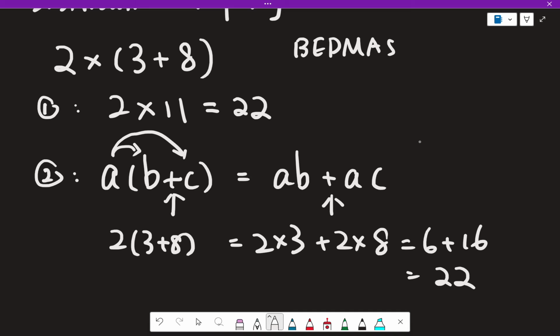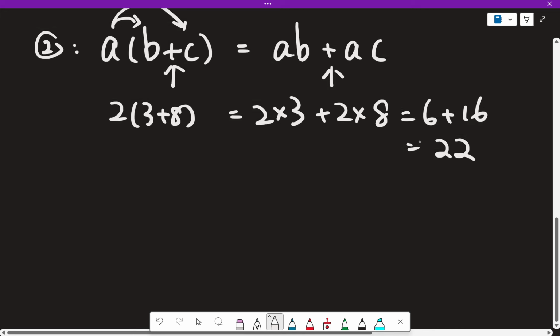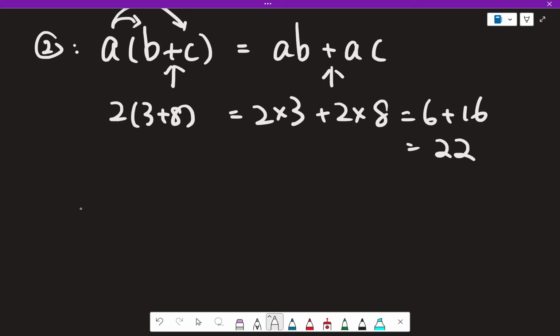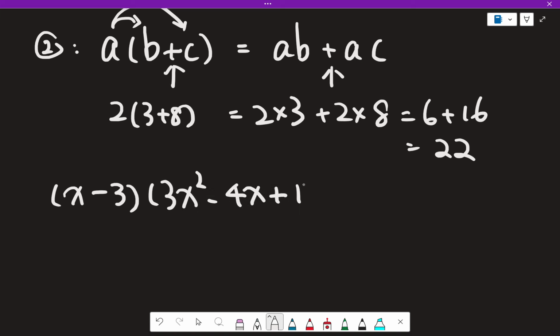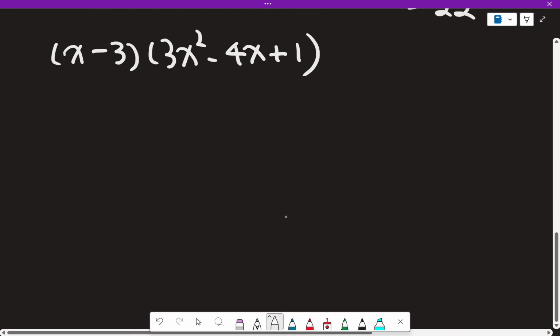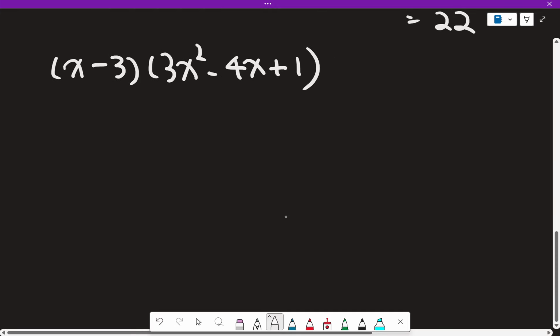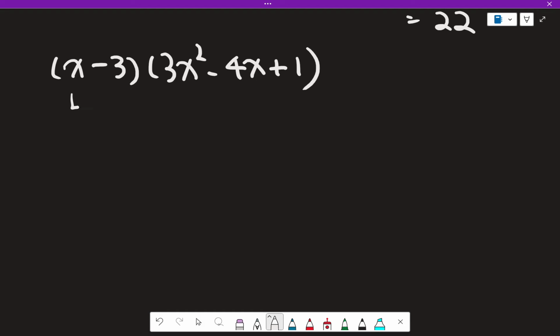So how can we utilize this property to multiply polynomials? So let's take a look at an example. So let's say we have x minus 3 times bracket 3x squared minus 4x plus 1. So we still would like to distribute each of the terms inside the first bracket into each of the terms in the second bracket.